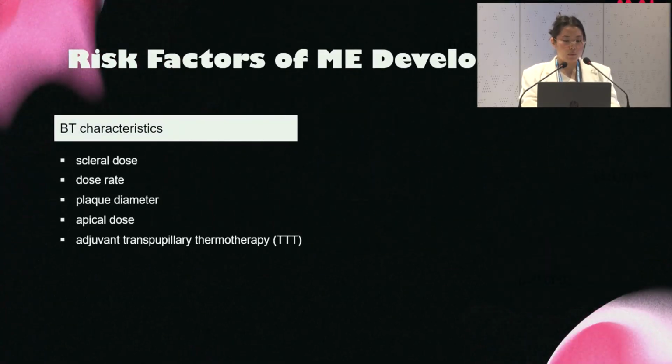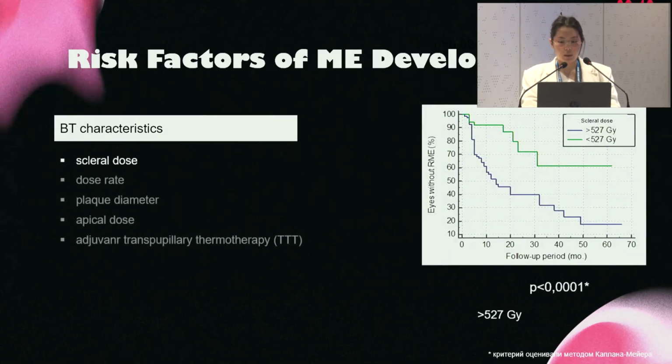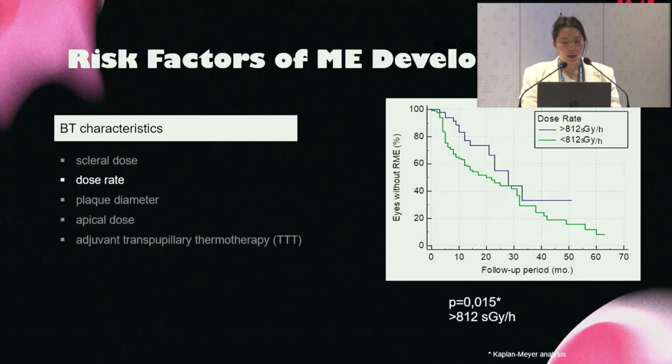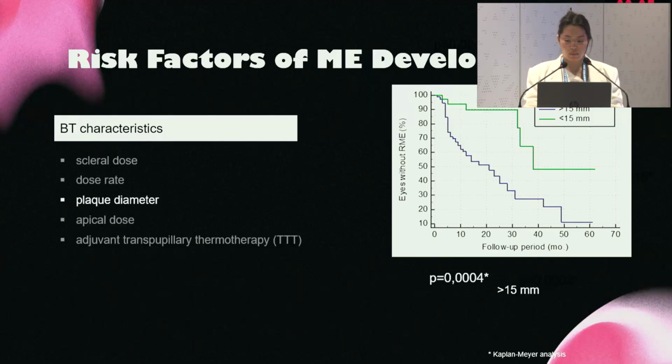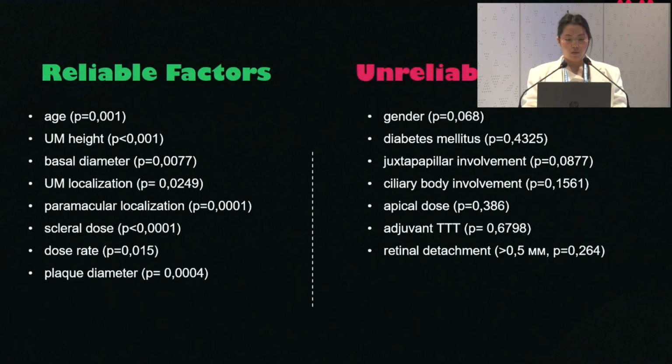Concerning treatment characteristics, scleral dose more than 500 gray, dose rate more than 800 centigray per hour, and plaque diameter more than 15 millimeters have a higher risk of radiation macular edema development. Reliable and unreliable factors you can see on the slide.